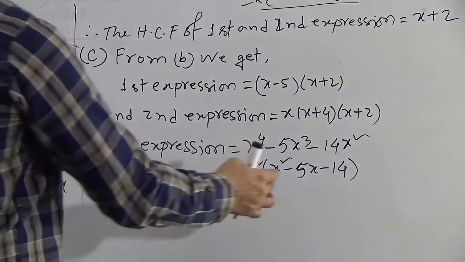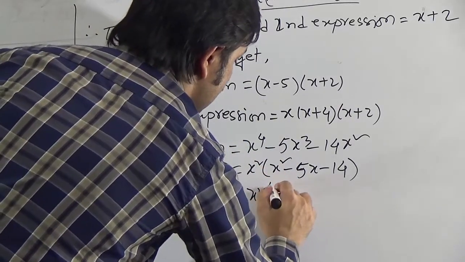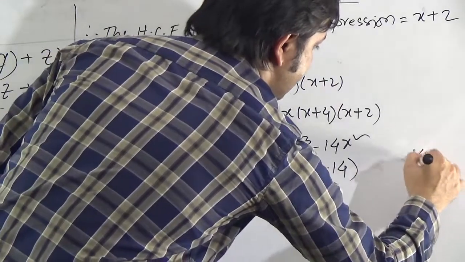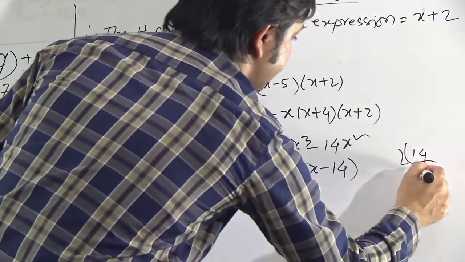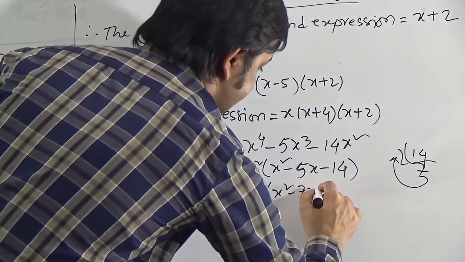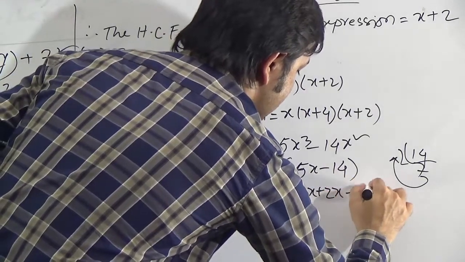Then do the middle term split here, x square minus 7x. We can write 14 in this way, 2 times 7. Relate 7 and 2, you will get 5. 7x is negative here, 2x is positive here, minus 14.